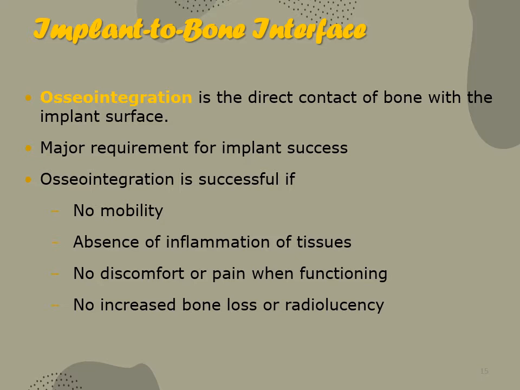If the person is biting harder on that tooth than the surrounding teeth, they're probably going to feel some pain in that bone. And then we don't want to see any increased bone loss or radiolucencies around that tooth. While a certain amount of bone loss over a very long time is considered normal, we don't want to see any increased bone loss.